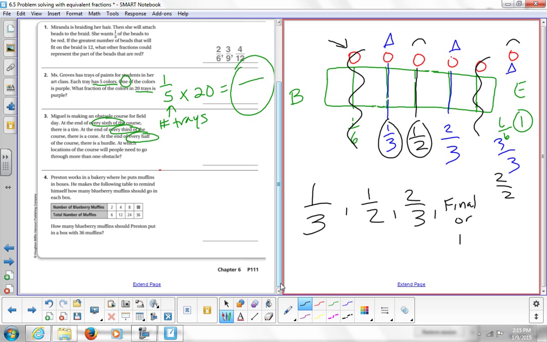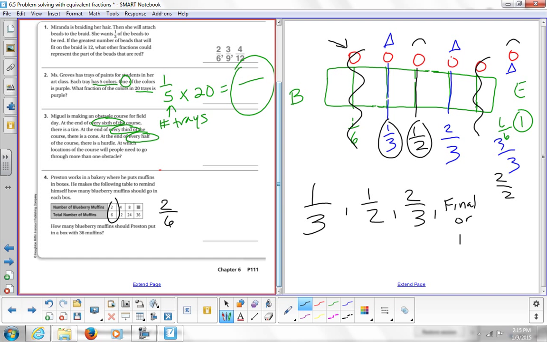Preston works in a bakery where he puts muffins in boxes. He makes the following table to remind himself how many blueberry muffins should go in each box. How many blueberry muffins should Preston put in a box with 36 muffins? So you've got to find the relationship here. We have 2, 6, 4, 12. How are we getting from here to here? And then 24.